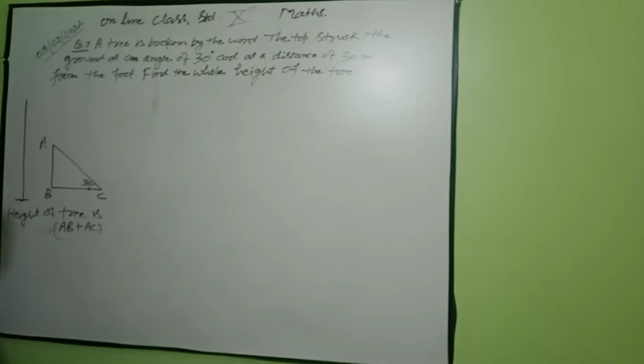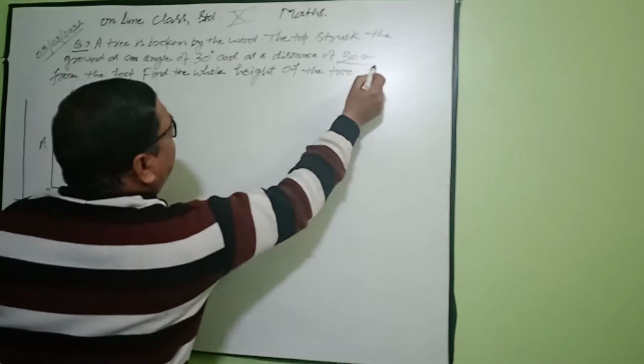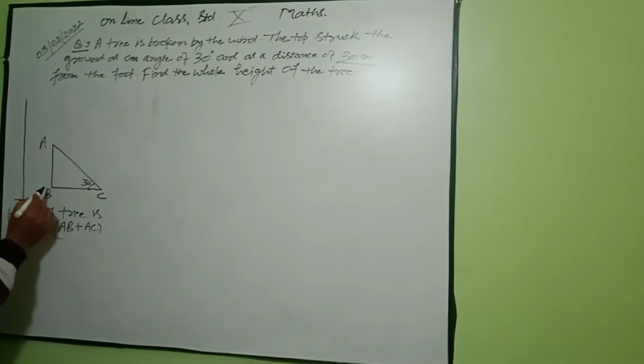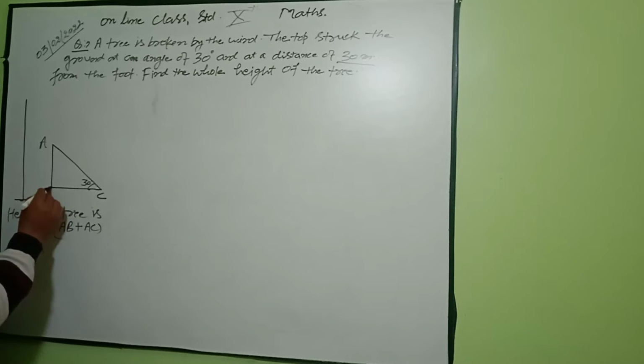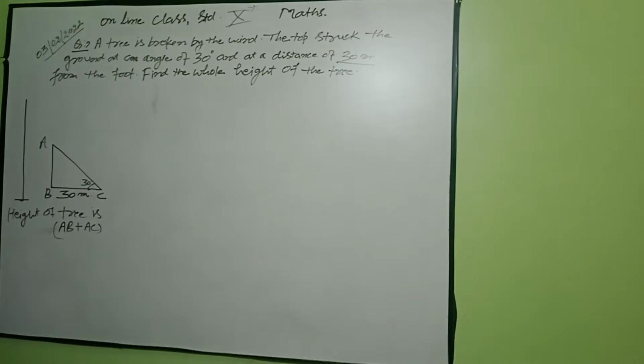And the distance from the foot, 30 meter, means the distance of B to C. B is the point of the foot of the tree and C is the point where the top touches. This distance is 30 meter.